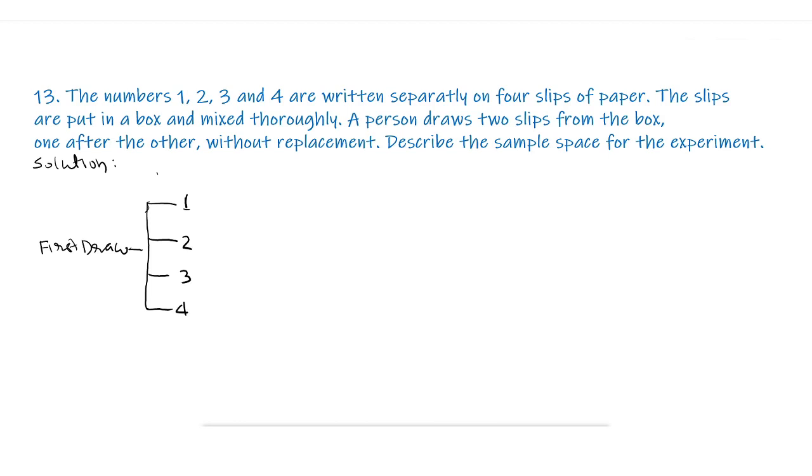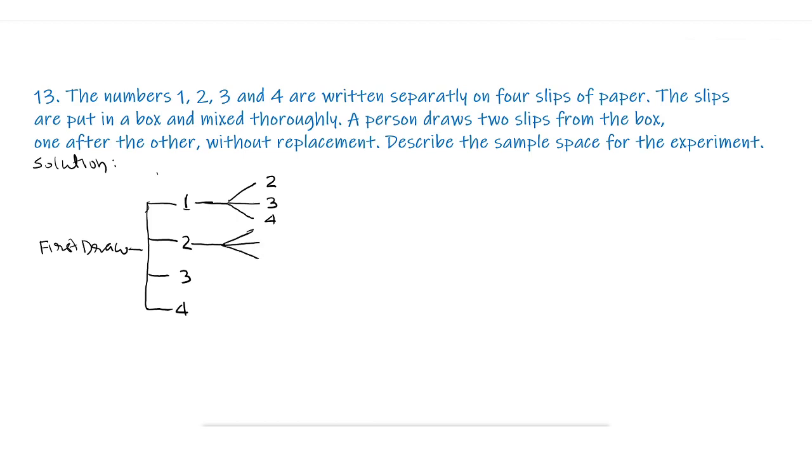Either the slip with number 1 comes, or number 2, or number 3, or number 4 comes. And if in the first draw the slip with number 1 has come, then in the second draw we may get any of these 3: slip number 2, 3 or 4. When slip number 2 comes first, then in the second draw any of slip 1, 3 or 4 may come.